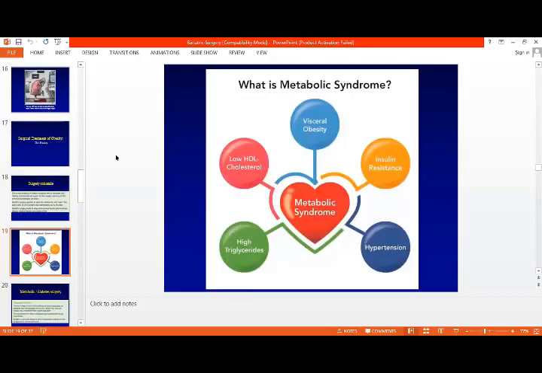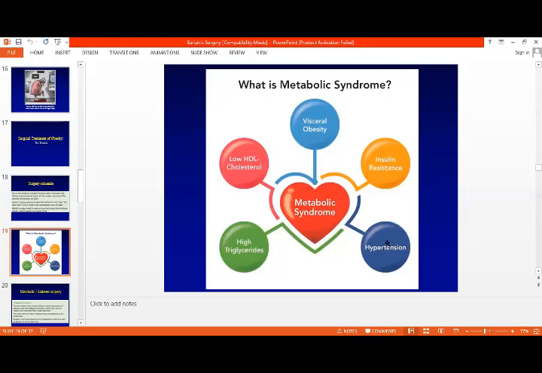There is another term which comes up here. You need to know what metabolic syndrome is. This is a new term, and metabolic syndrome consists of a combination of various diseases which occur together in a person, and this combination is these five things actually. Visceral obesity, which means truncal obesity. There is insulin resistance or diabetes.